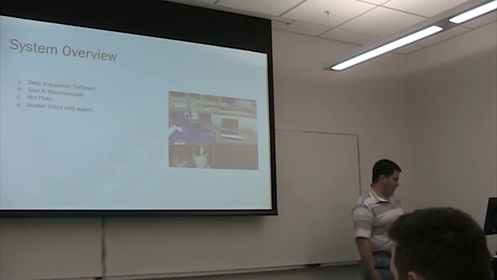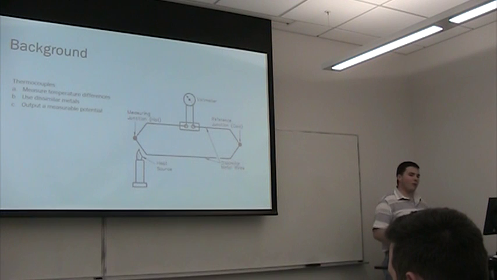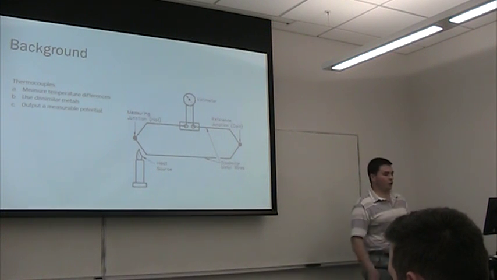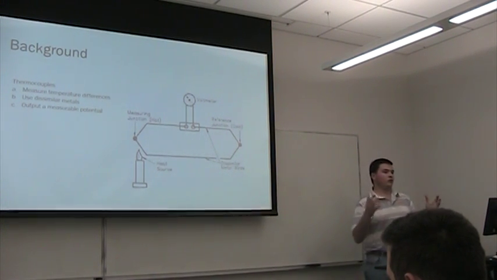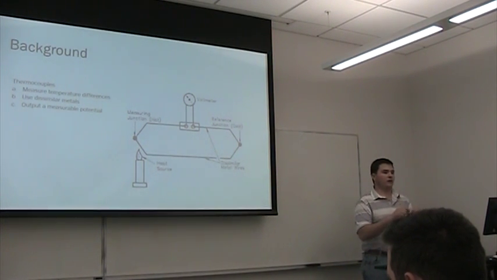an Excel file. A little background on how all this works: thermocouples measure temperature differences between a hot and cold source. They have 2 dissimilar metals which are welded at the tips, and in that junction we get a voltage difference.